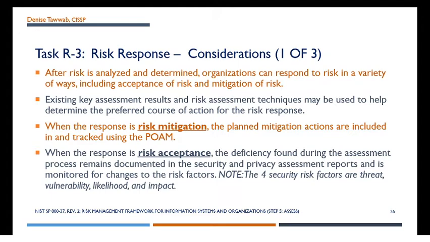So when your risk response is risk mitigation, then the planned mitigation actions are included in and tracked using the POAM. When the response is risk acceptance, the deficiency found during the assessment process remains documented in the security and privacy assessment reports and is monitored for changes to the risk factors.